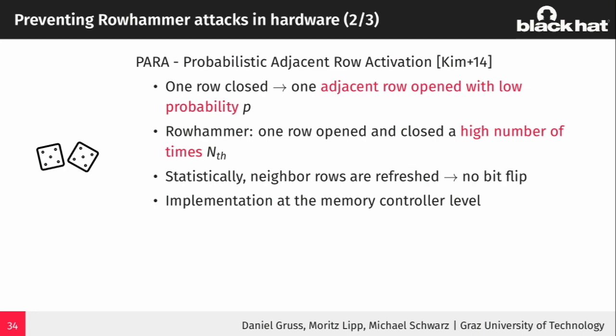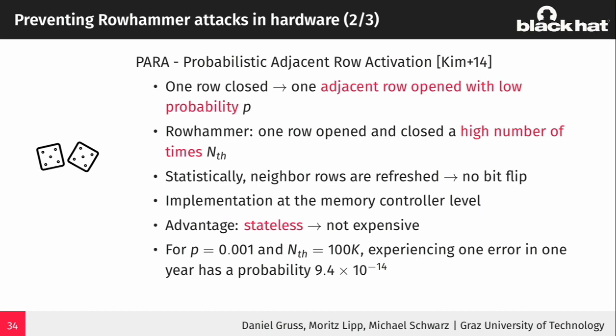That should help us to refresh them and prevent the Rowhammer effect. This is quite easy to implement in hardware, doesn't have a huge overhead, and can give quite good results, I would say. Okay, but only as long as we can only induce bit flips in adjacent rows, right? If this is not true, then we have a problem.